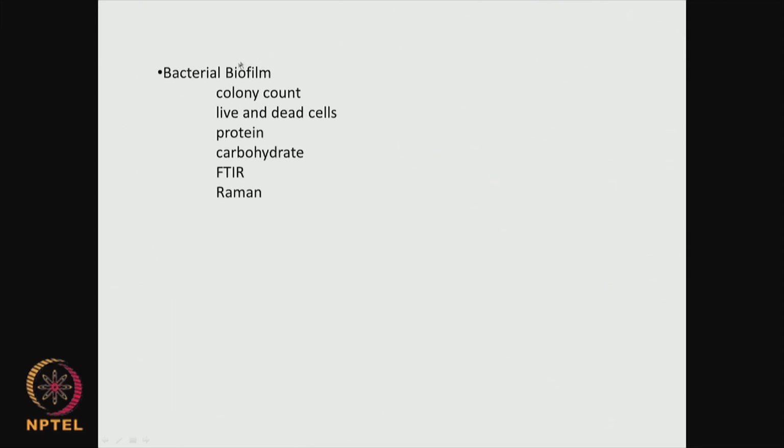We need to know, has the polymer or material, solid material like metals or inorganic, acquired attached biofilm. Okay. So I need to find out how many colonies are present in the biofilm, how many live cells vis-a-vis dead cells. I need to know how much protein is attached in the biofilm, how much carbohydrate is attached.